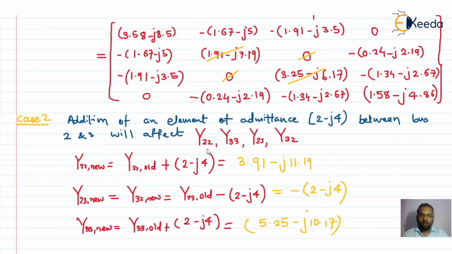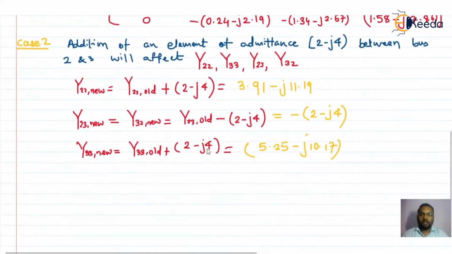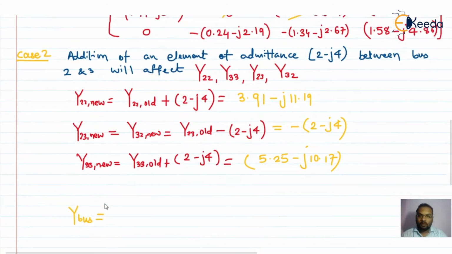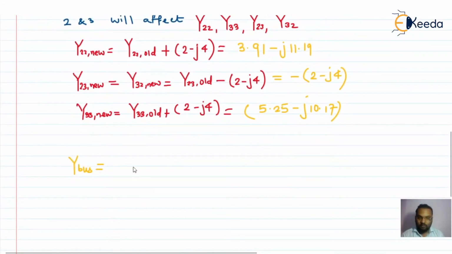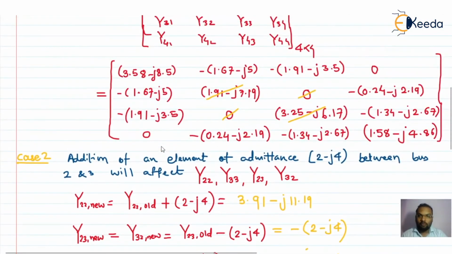Now after this modification, let us write the final Y bus matrix. So the Y bus matrix will be, first term 3.58 minus j8.5.